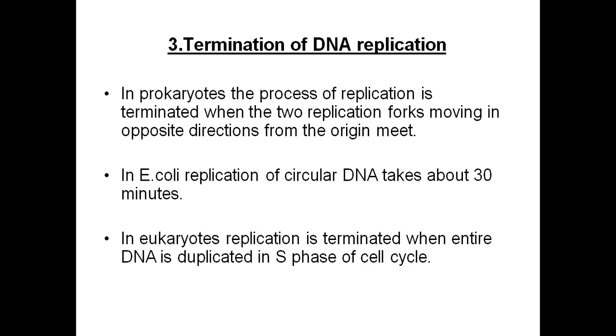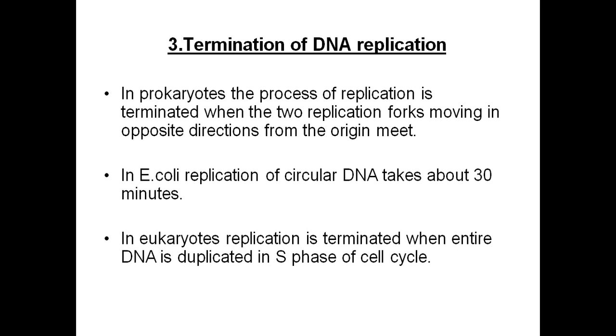And the last process of DNA replication is termination. This termination process is different from prokaryotes to eukaryotes. In case of prokaryotes, the process of replication is terminated when the two replication forks moving in opposite directions from the origin meet.